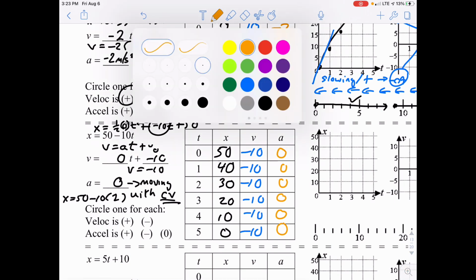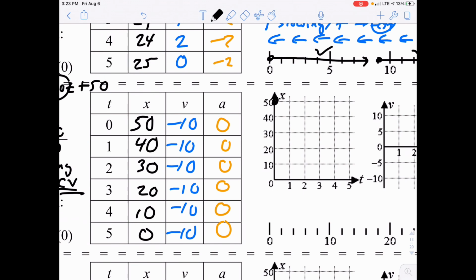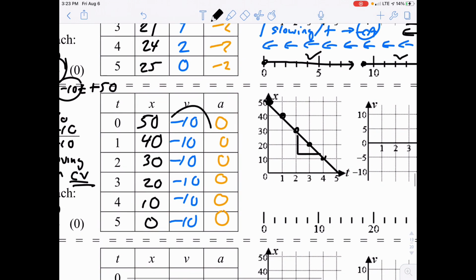Graphically, what does this look like? I'm starting at t equals 0, 50, then 1 second, 40, 30, 20, 10, 5. And I end up with a constant velocity graph, right? With a slope that represents my negative 10.